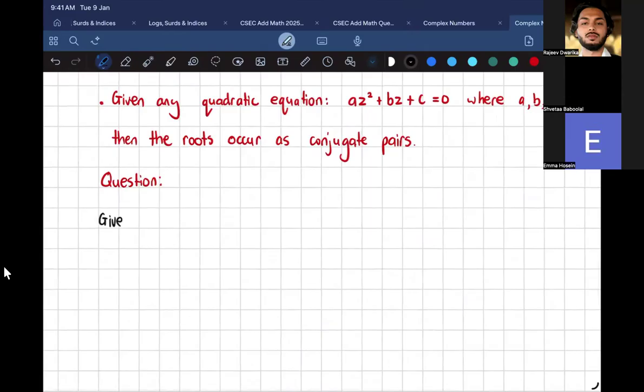Given the real and distinct roots, x is equal to... okay, so I've given already the roots, right? So x is equal to 1 and x is equal to 2, find the equation.